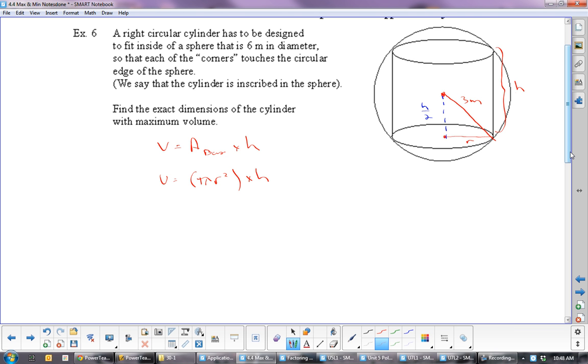We got 3 squared should equal R squared plus h over 2 squared. Now we can make this h equals, or we can make it r equals, right? That is what I chose to do. Do you see how this is an r squared? So I can leave that r squared equals, right?